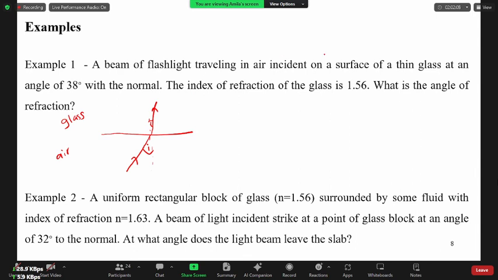So now applying Snell's law. It is given the incident angle is 38 degrees. Index of refraction of the glass is 1.56.